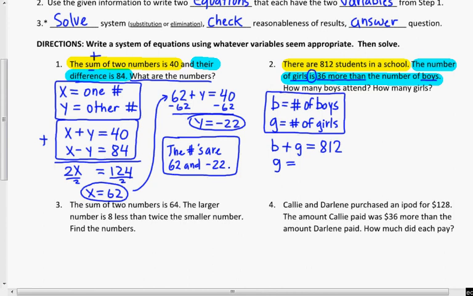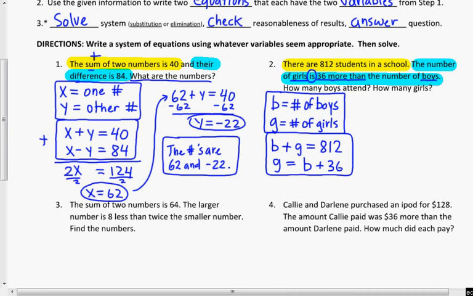If I want 36 more than the number of boys, I'm going to take B and add 36. Sometimes a student might want to write the equation G minus B equals 36. That's fine. That's just a different form of this same equation. So these are my two equations.